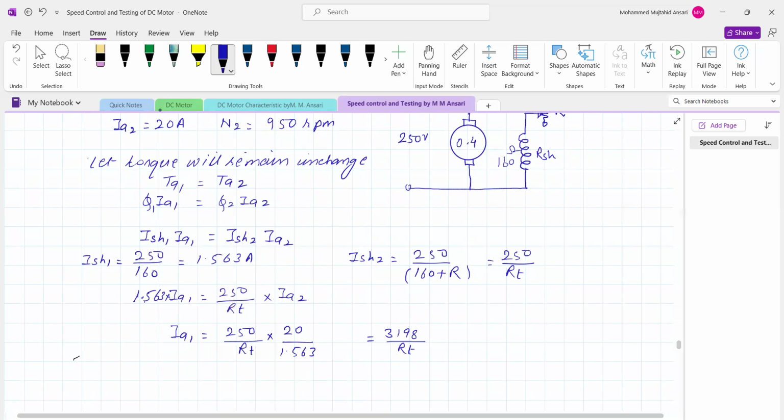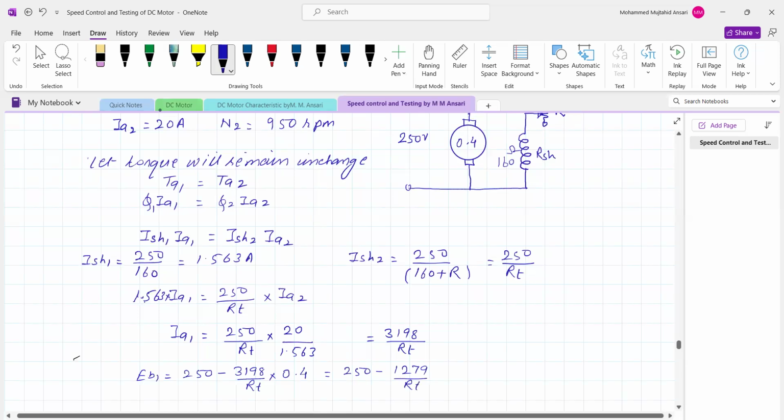Now, back EMF 1 and back EMF 2. EB2 is equal to 250 minus armature current 3198 divided by RT into armature resistance 0.4, which is equal to 250 minus 1279 divided by resistance RT.